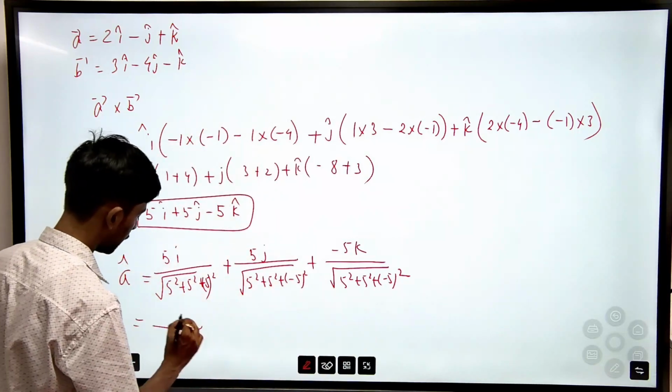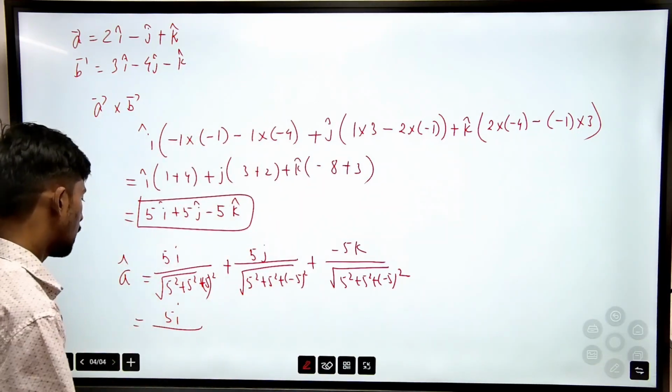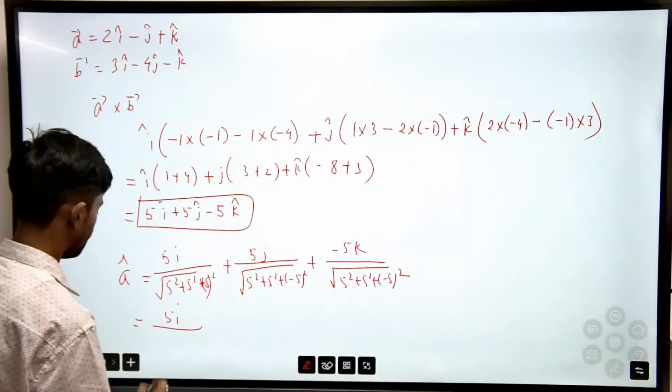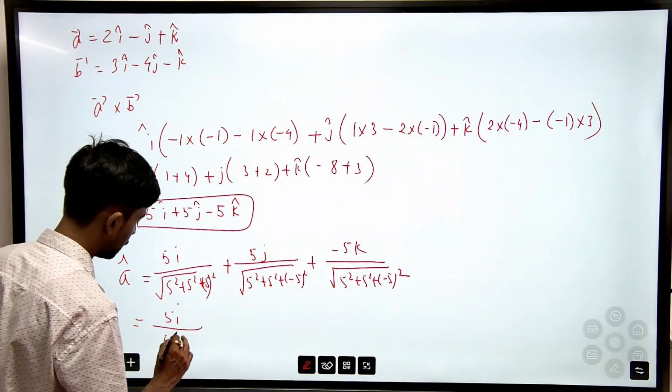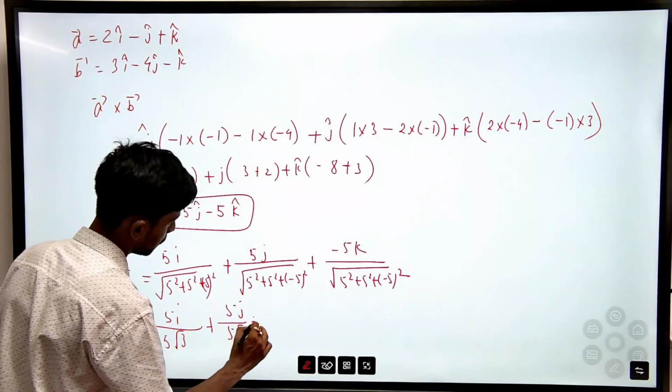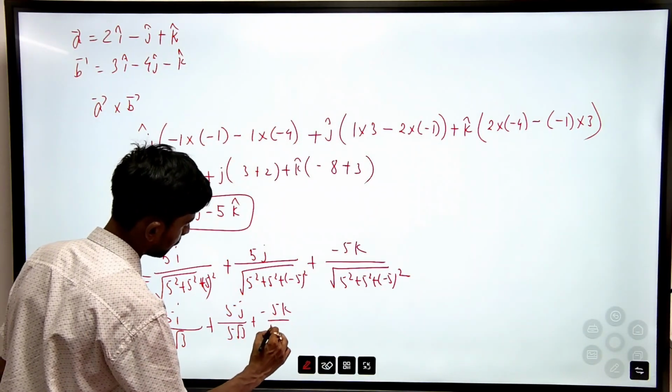So basically you are getting 5i by 5 root 3, plus 5j by 5 root 3, plus minus 5k by 5 root 3.